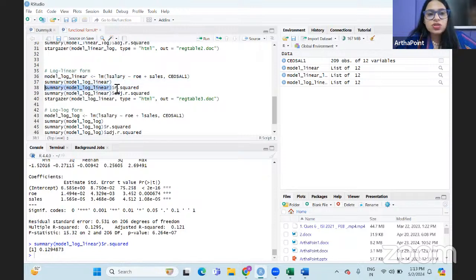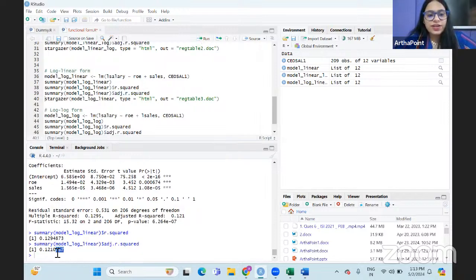And then I have used this dollar sign. And then I am saying now give me the value of R square. So I am just running this and it gives me R square. Similarly, from this summary, I can find out the value of adjusted R square. That means considering the degrees of freedom. And when I run this command, it will give me the value of adjusted R square. Adjusted R square takes degrees of freedom into account.